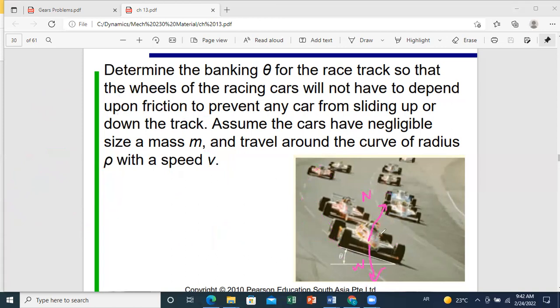Because let us now draw the unit vectors un, ut, ub. You will see that ut is tangent to the path, and since v is constant, there are no forces along ut. So I don't have friction along this direction. And because they said no friction to slide up and down, I also don't have friction in this direction. This means I don't have friction. I just have the normal and the weight.